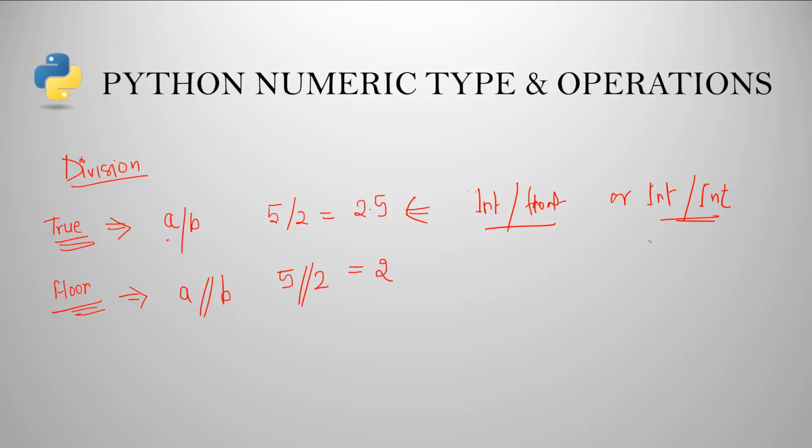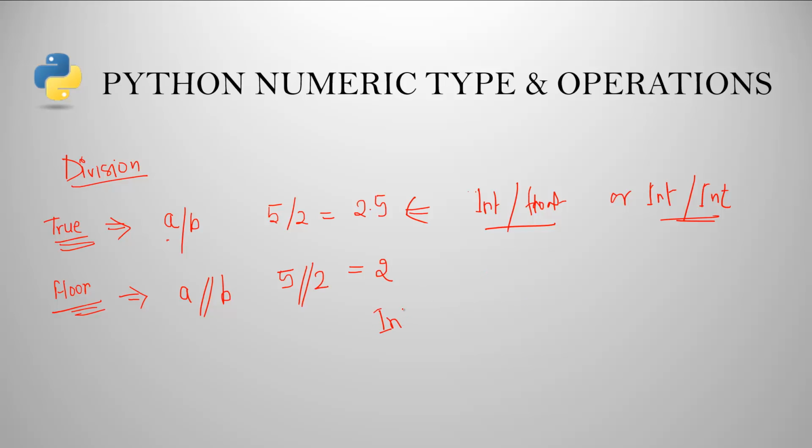It always returns a floating point regardless of the operands. But the floor division, which truncates the remainder, returns an integer if the operands are integers, or a float if the operand is float.